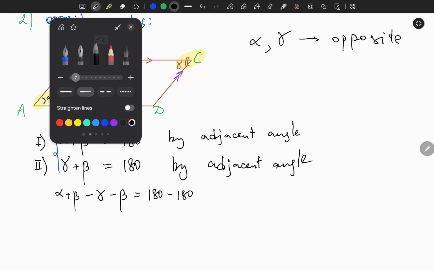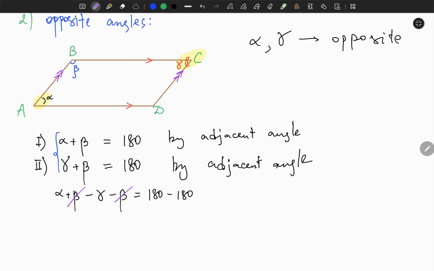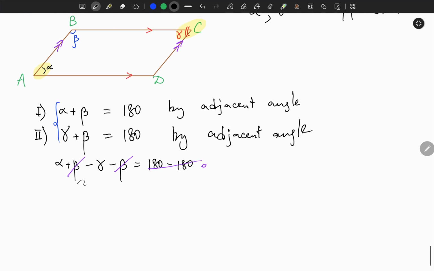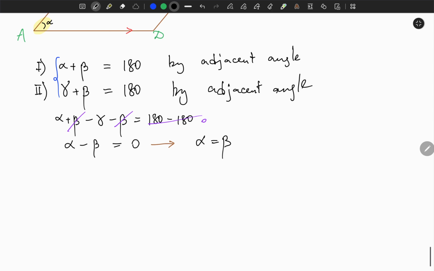Beta cancels, 180 minus 180 gives 0. We have left alpha minus gamma equals 0, which holds whenever alpha equals gamma. So alpha is congruent to gamma by subtraction.